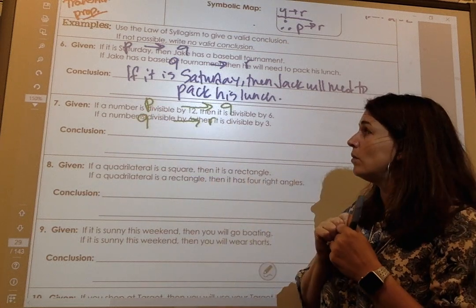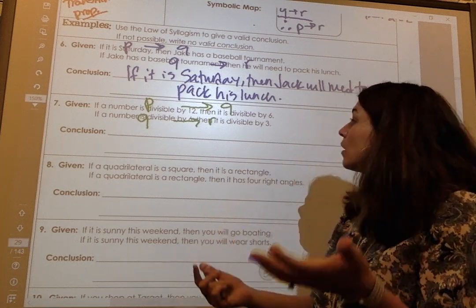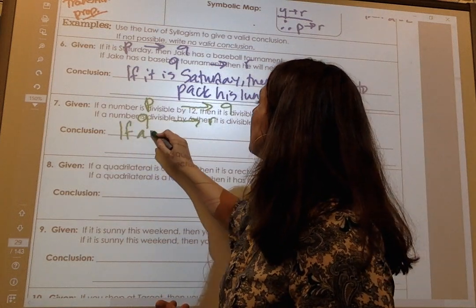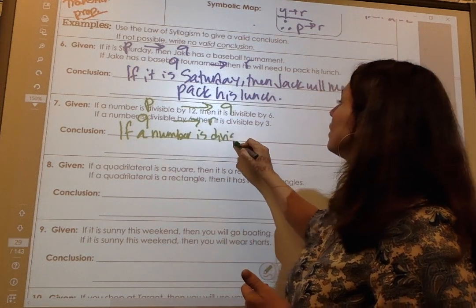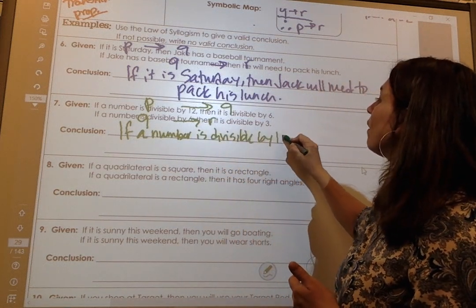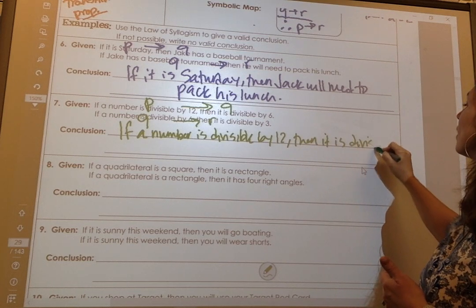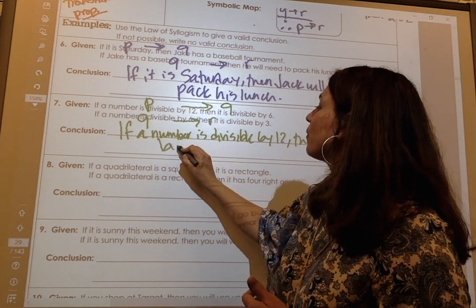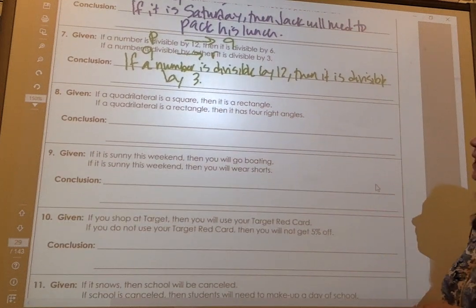If P, then Q. If Q, then R. So my map is given. Now I can make the conclusion that if a number is divisible by 12, then it is divisible by 3. Okay? All right, let's take a look at number 8.